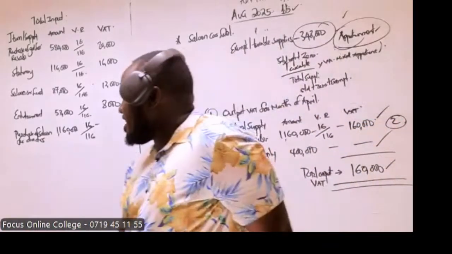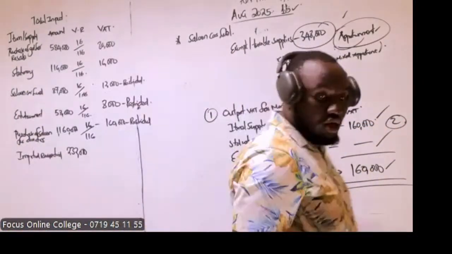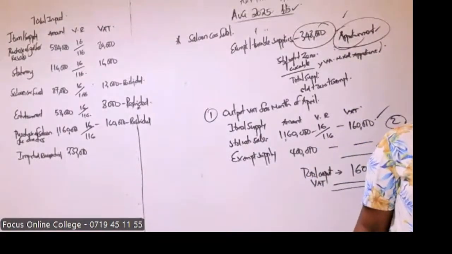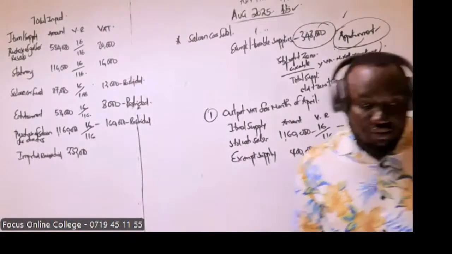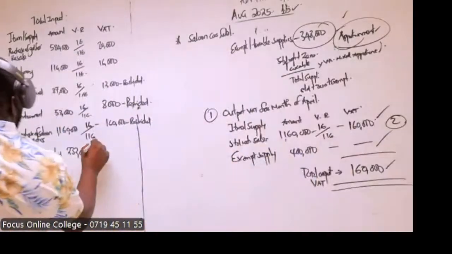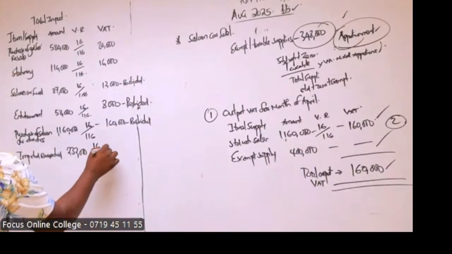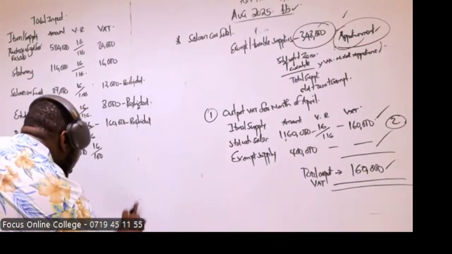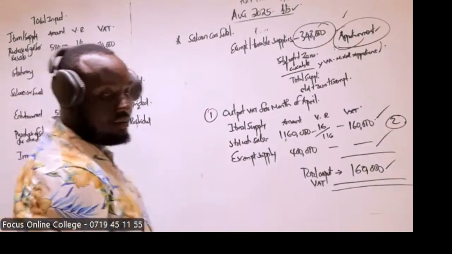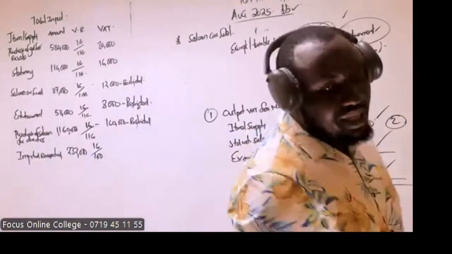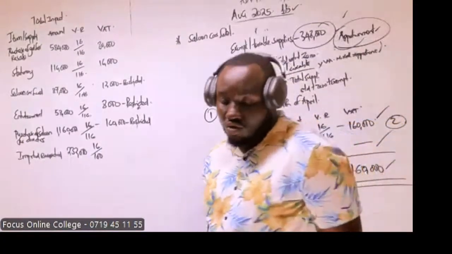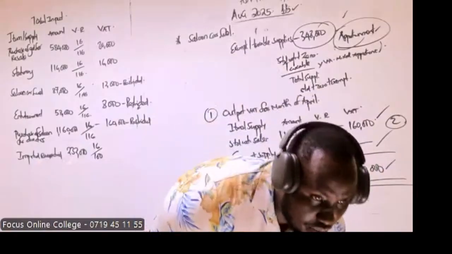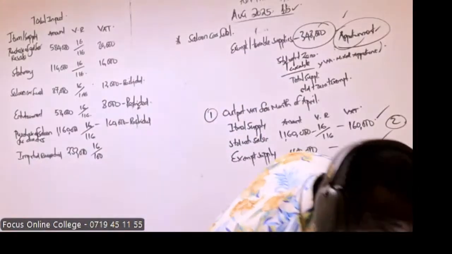Are we still going to use 16 over 116, imported raw materials? That should be 16 over 100. So get for me 16 over 100. We just do away with this line. So get me that 16 over 100. That should be 37,120.